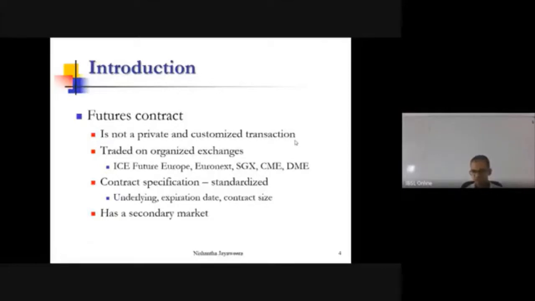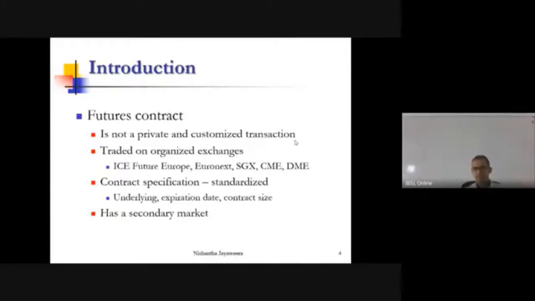You cannot customize the product according to your needs. Say you want dollars against rupee on 10th September and 1.5 million. You cannot have a futures contract to do that, but you can have a forward contract to do that.